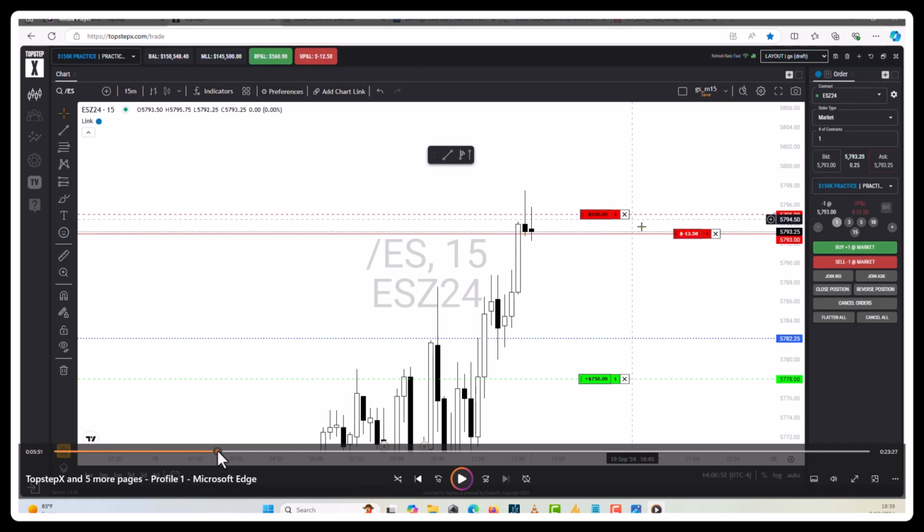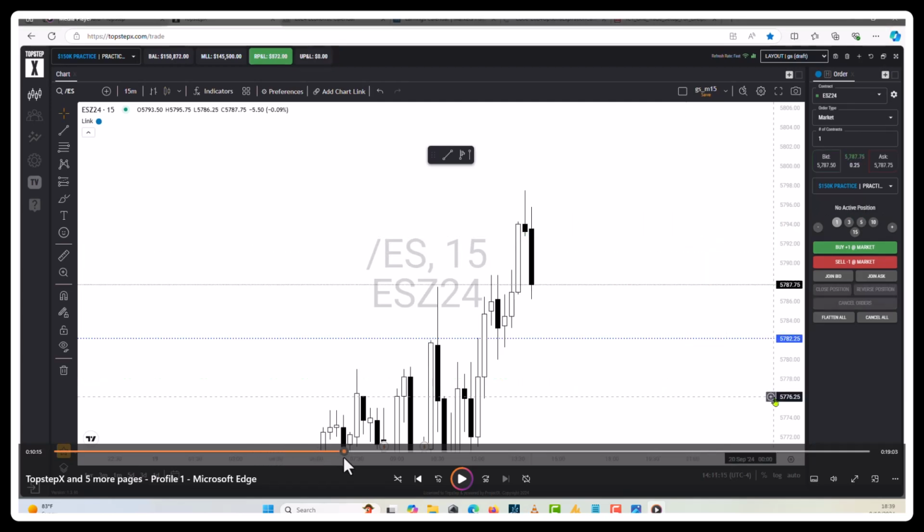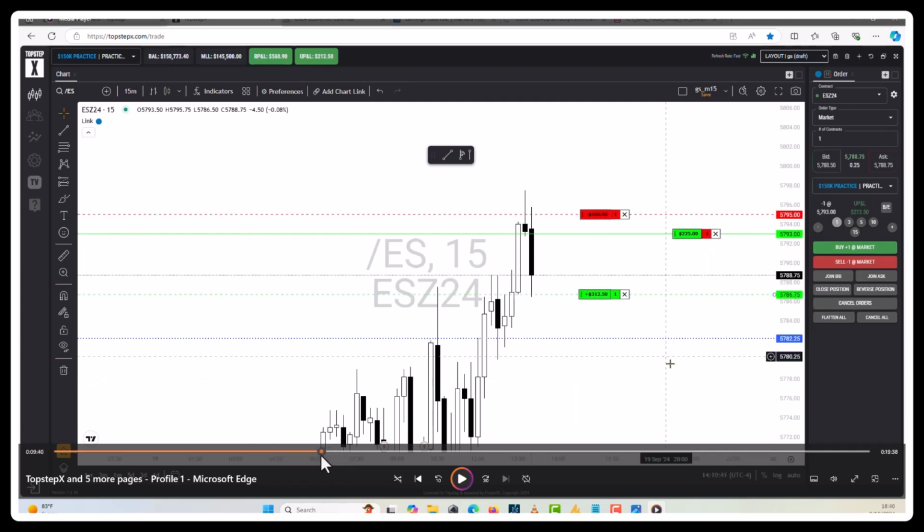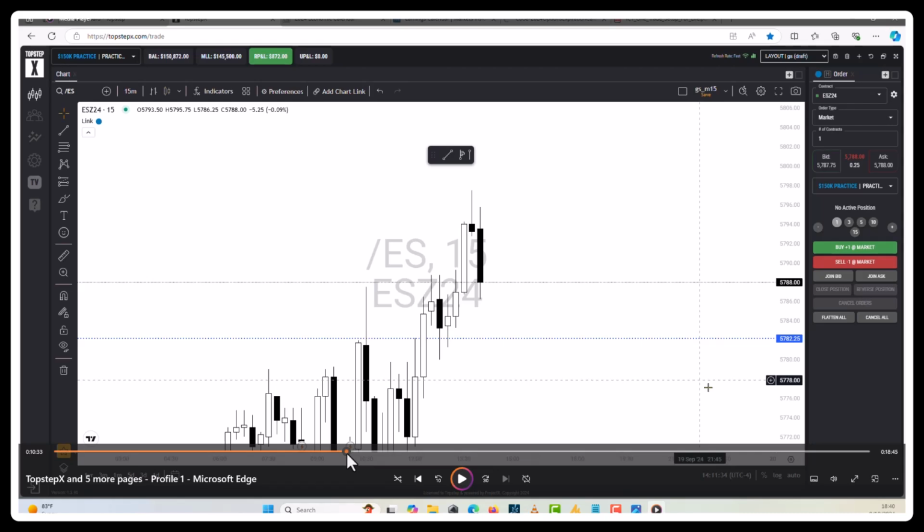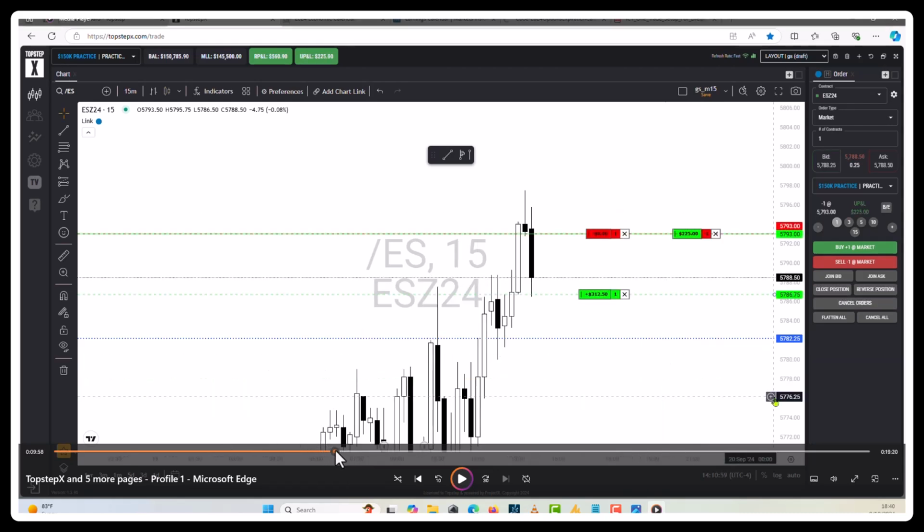But we try to keep ourselves calm, and we say, wow, it must happen this time. So we go, and we know it's not gonna hit 3R, so we just aim for the low of the candle. You see that? And it hit our target.